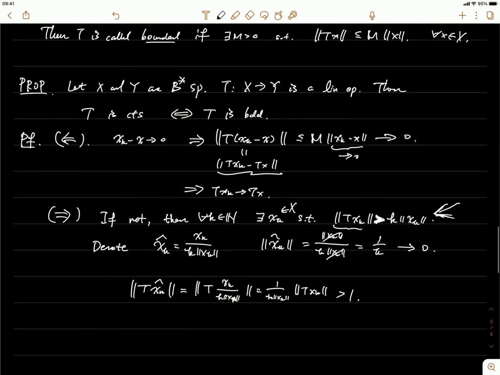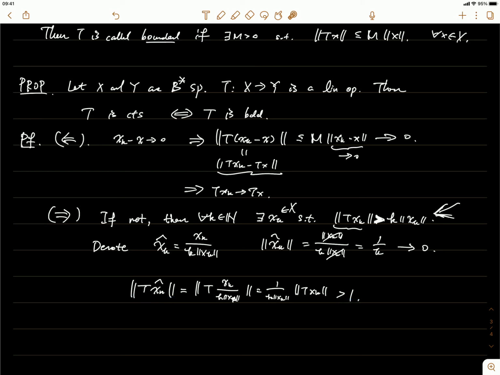Now what we have is that xk hat, as a sequence, converges to 0 in space X. But Txk hat, as a sequence in Y, has norm always greater than or equal to 1. That means it's not converging to 0.